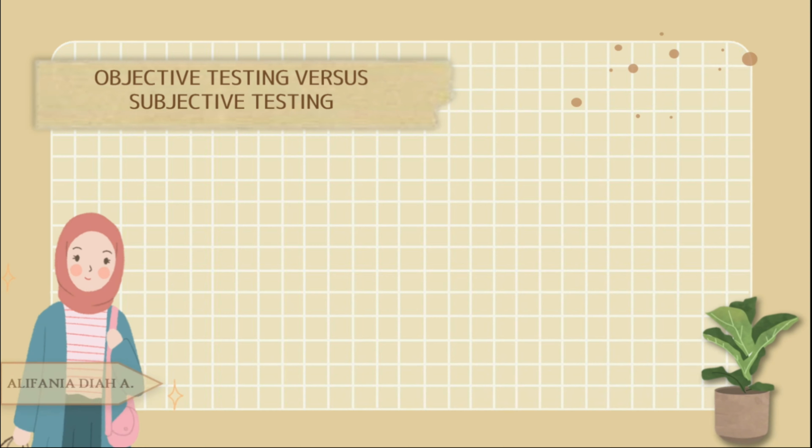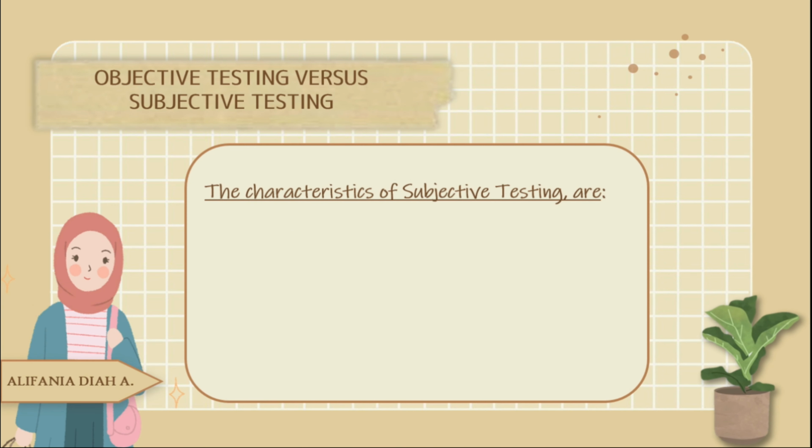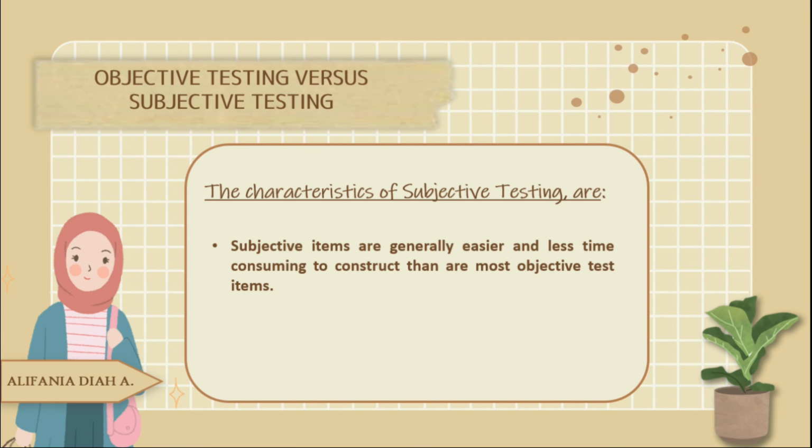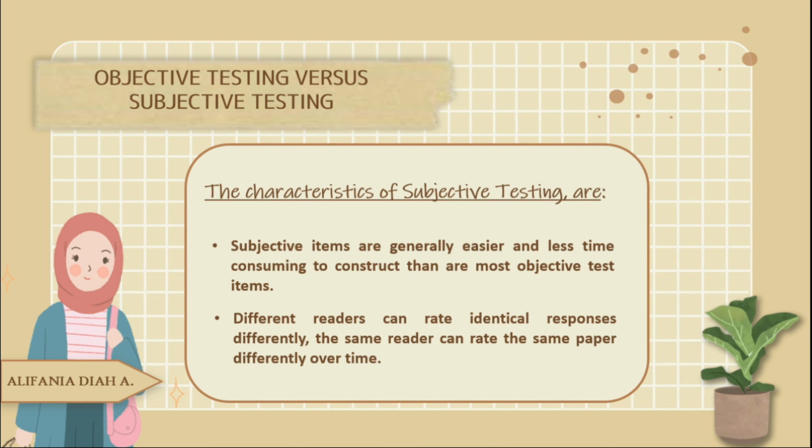The characteristics of subjective testing are: subjective items are generally easier and less time-consuming to construct than are most objective test items. Different readers can rate identical responses differently. The same reader can rate the same paper differently over time.